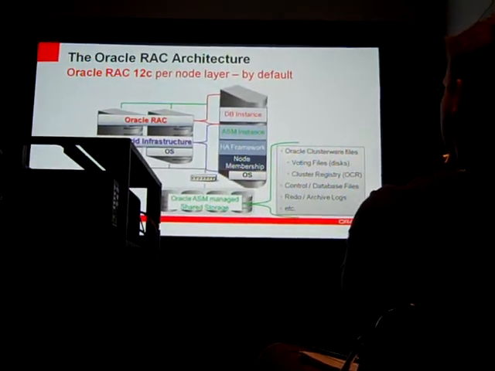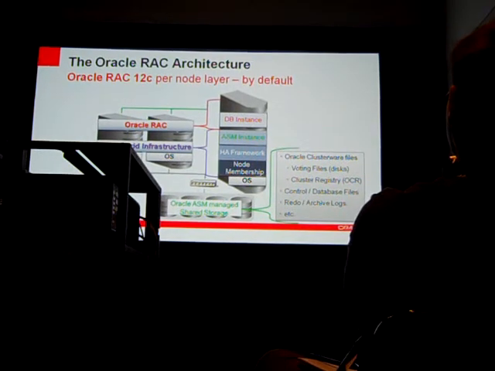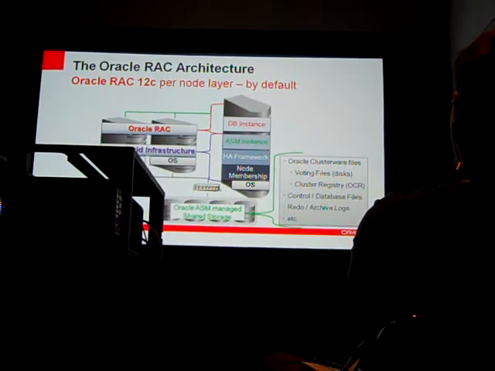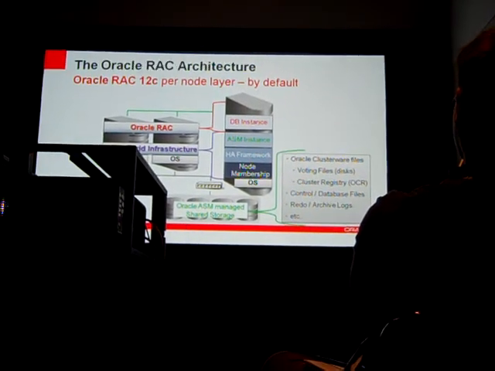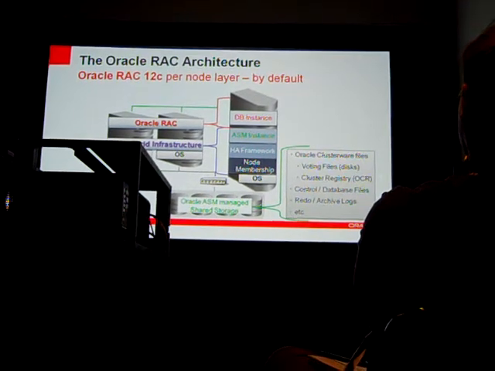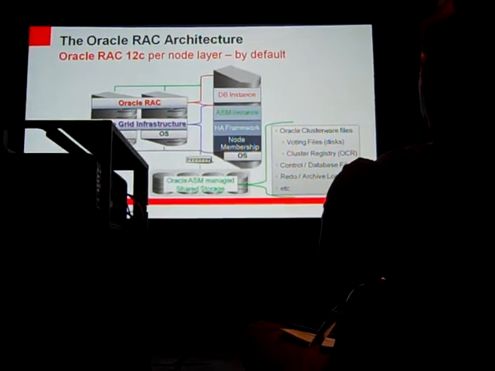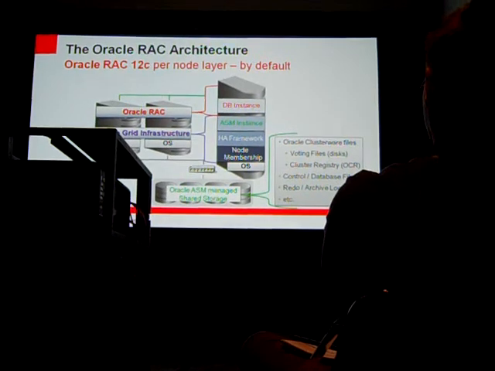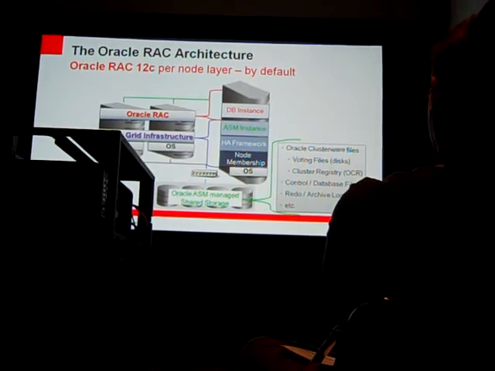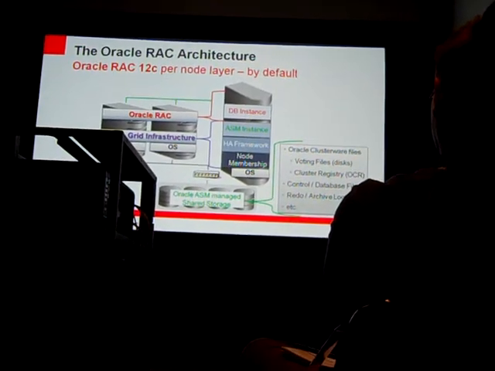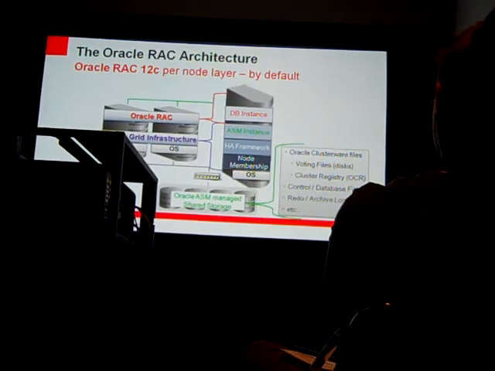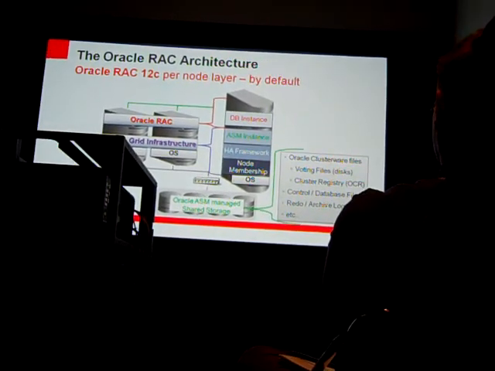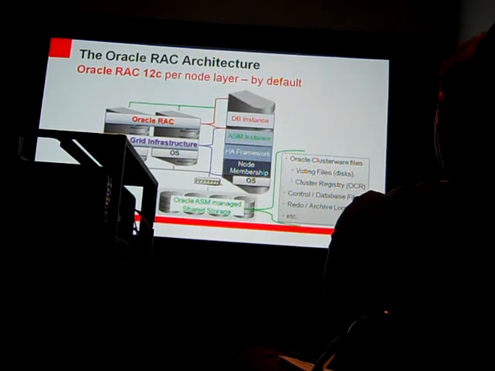With 11G Release 2 and with 12c, you should put your Oracle Clusterware files ideally into an ASM disk group. This applies to the voting disk and the cluster registry. And of course, all your database files will still go, ideally, into Oracle ASM, so control files, data files, log files, and so forth.